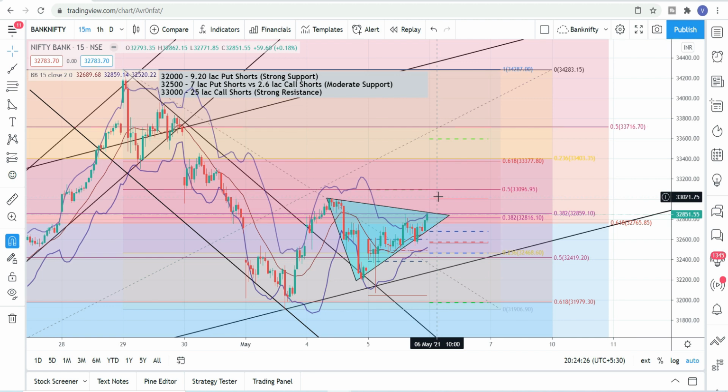If you are trading alone, you should let it breach a bit. You should look to enter into long about 33,125 or 150 odd. You are giving a cushion of 100 or 150 odd points from the OI resistance, which is also your derived resistance after the breakout of this pattern. So look to enter into long at 33,150 approx.